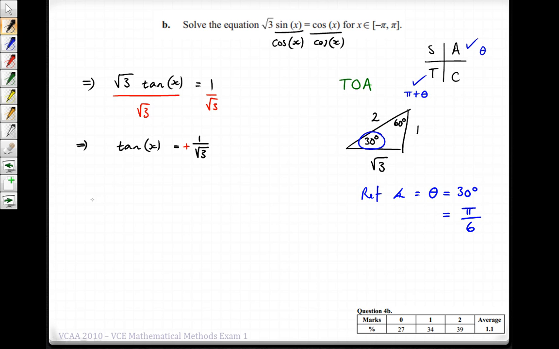So now I can rewrite this as x equals theta and pi plus theta. But previously I worked out that theta was just pi on 6. So I've got pi on 6 and pi plus pi on 6, which is the same as pi on 6 and 7 pi on 6.